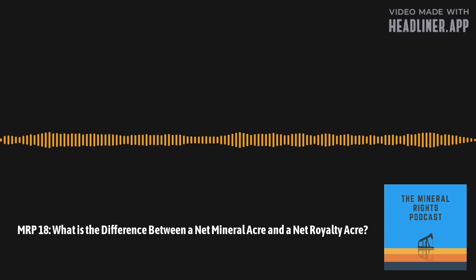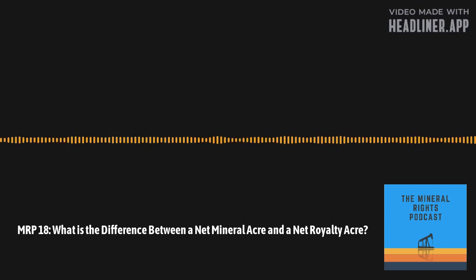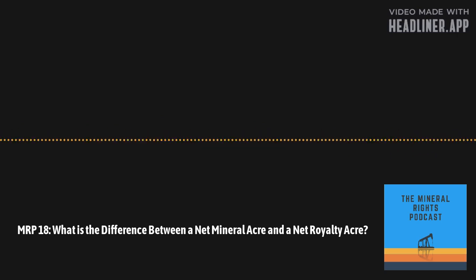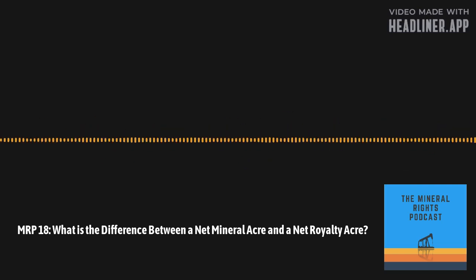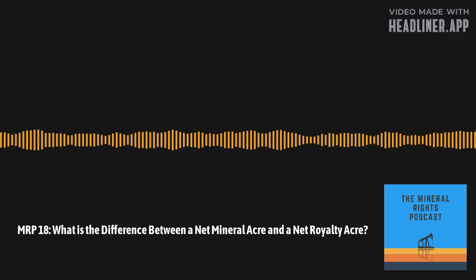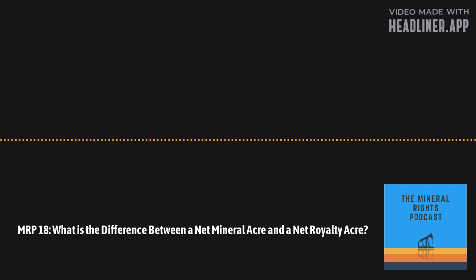And probably an easier way to explain this, in a mathematically equivalent way, is number of net royalty acres equals the number of net mineral acres times your royalty rate times 8. Okay, so net mineral acres times royalty rate times 8.